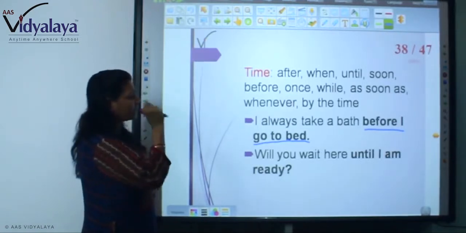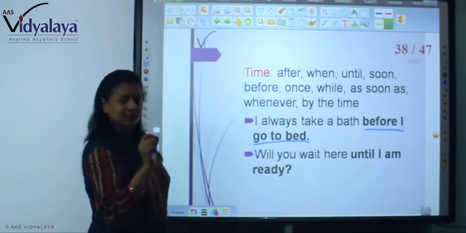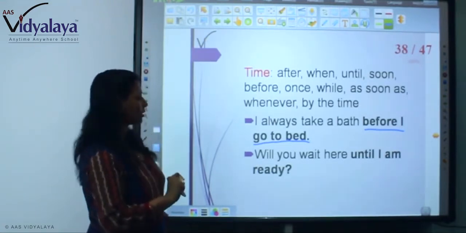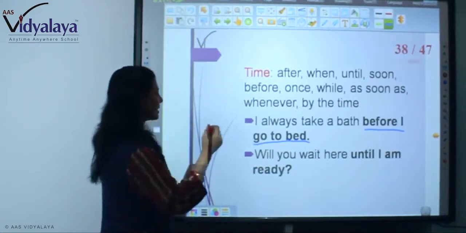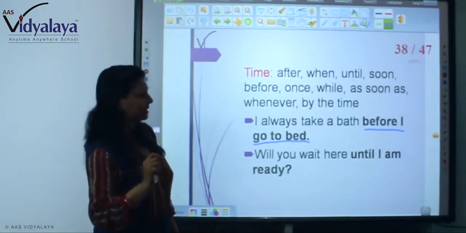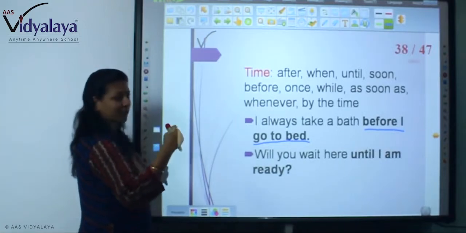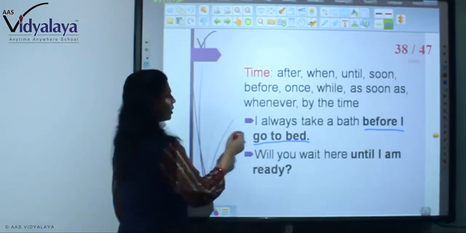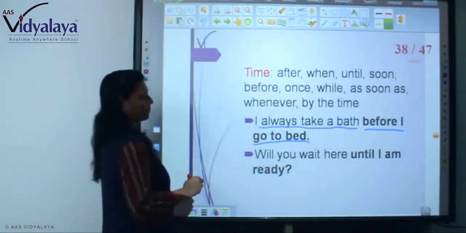So if you find these conjunctions, you will have to understand that yes, these are adverb clauses, as these are in front of the clause, that is, I go to bed. I go to bed itself is a clause, it's a sentence. But with the subordinate conjunction before, I go to bed, we have made it an adverb clause. And the next is, I always take a bath.